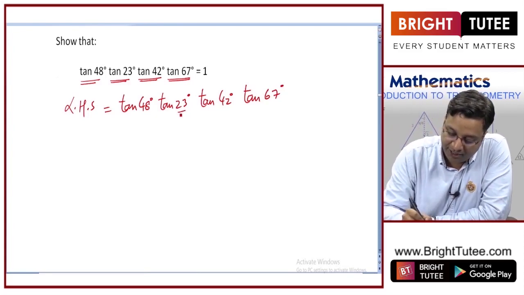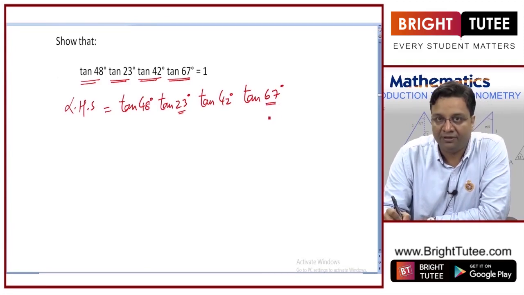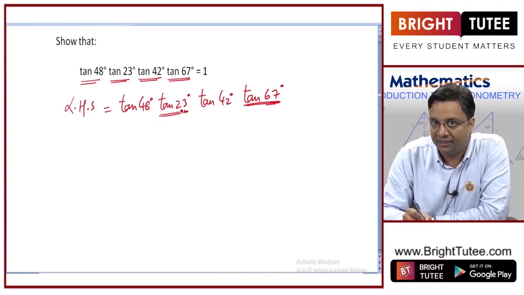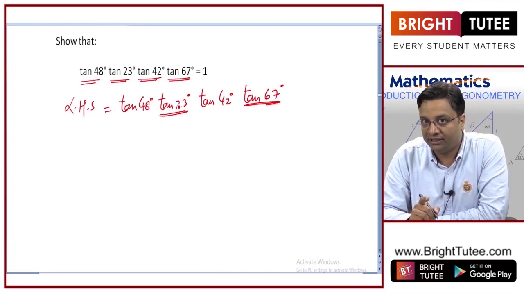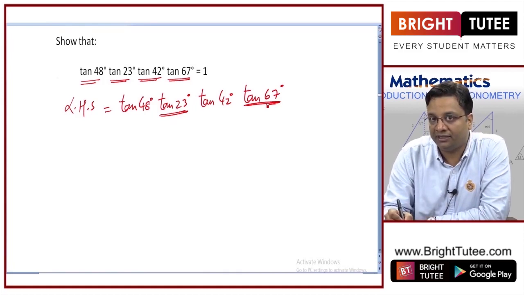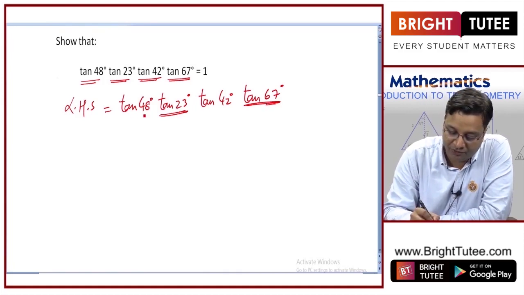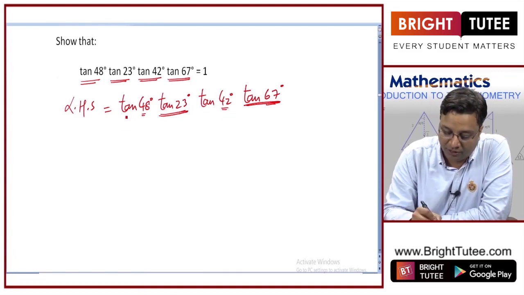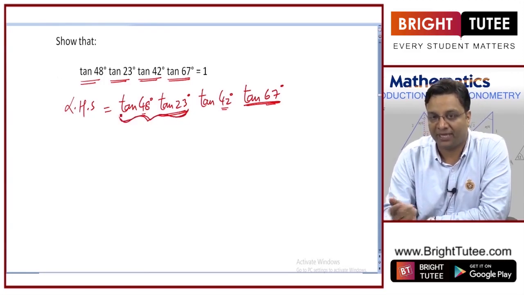If you see, 23 is complementary to 67, right? So if you look at this pair, tan 23 can be converted into cot 67, right? And cot 67 is the reciprocal of tan 67. Similarly, 48 is complementary to 42, right? So let me use these two here and convert these into their complementary angles.